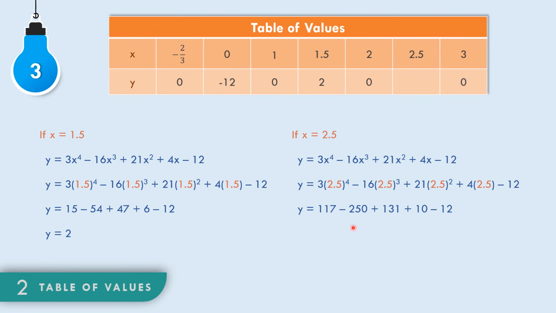So let us try to solve. 2.5 times 2.5 times 2.5 times 2.5 times 3 is 117. 2.5 times 2.5 times 2.5 times negative 16 is negative 250. 2.5 times 2.5 times 21 is positive 131. 4 times 2.5 is 10, and then copy negative 12. Let us solve for the value of y. So the value of y is equal to negative 4. If x is equal to 2.5, y is equal to negative 4.